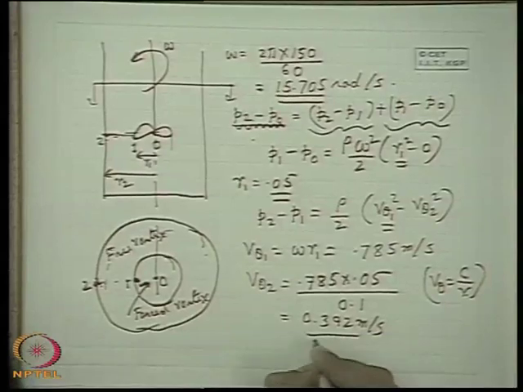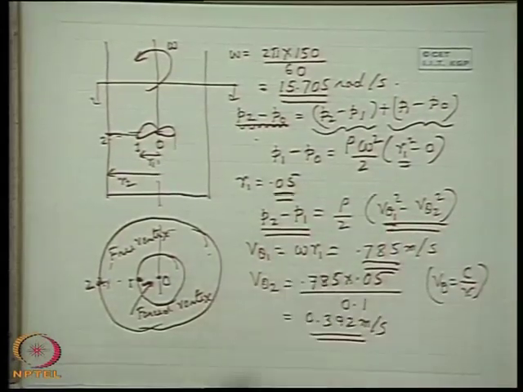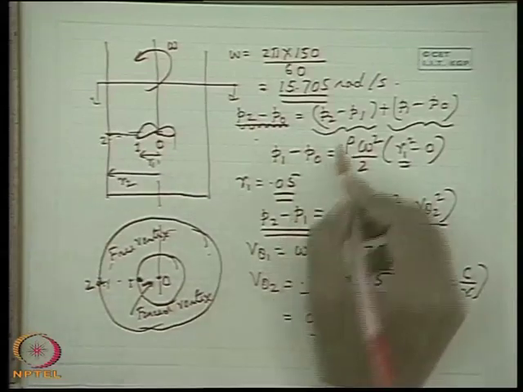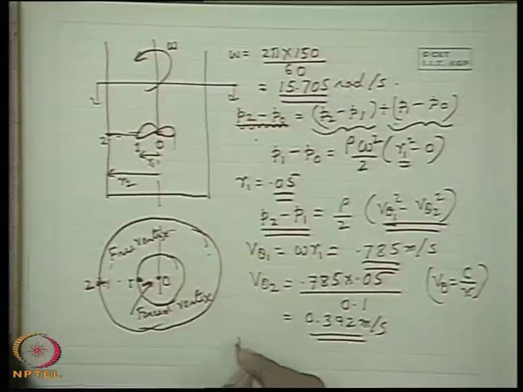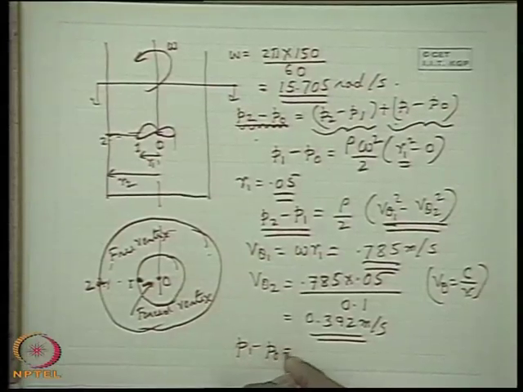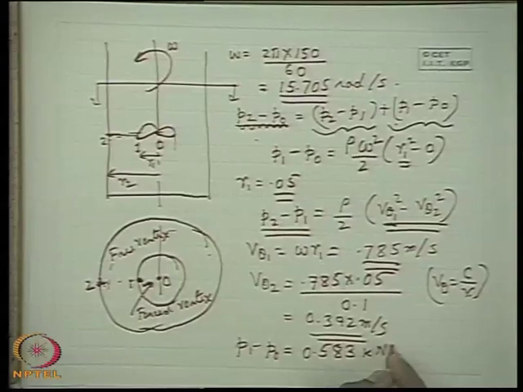With these values of V theta 2 and V theta 1, we can find P2 minus P1. Then the difference in pressure, P2 minus P0, becomes 0.583 kilonewton per meter square.